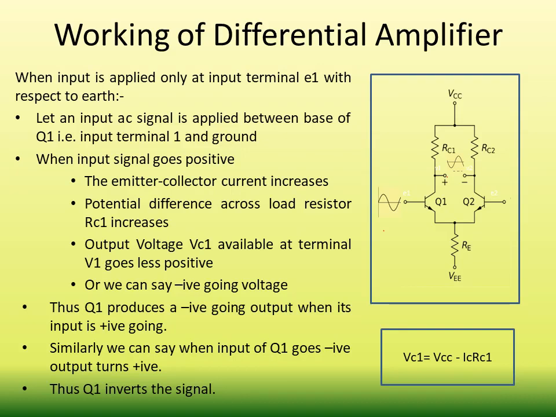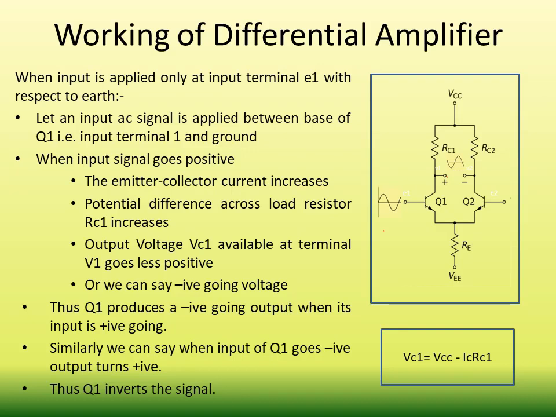As a result, the emitter collector current increases. As the emitter collector current increases, the potential drop at RC1 increases. So the potential difference across the load resistor RC1 increases. As a result, the output voltage Vc1 available at terminal V1 goes less positive.